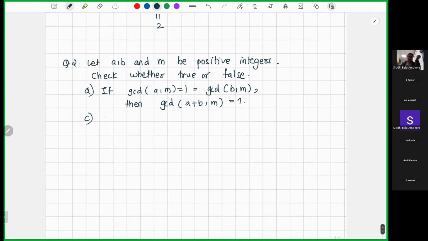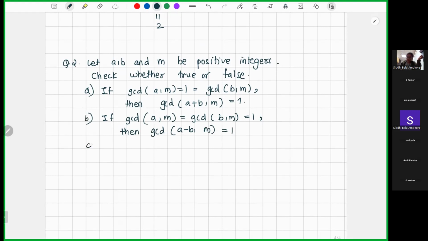I'm writing the statements. Meanwhile, you can try to think whether this statement is correct or not. If not, try to find counterexamples, and if correct, try to obtain a proof.